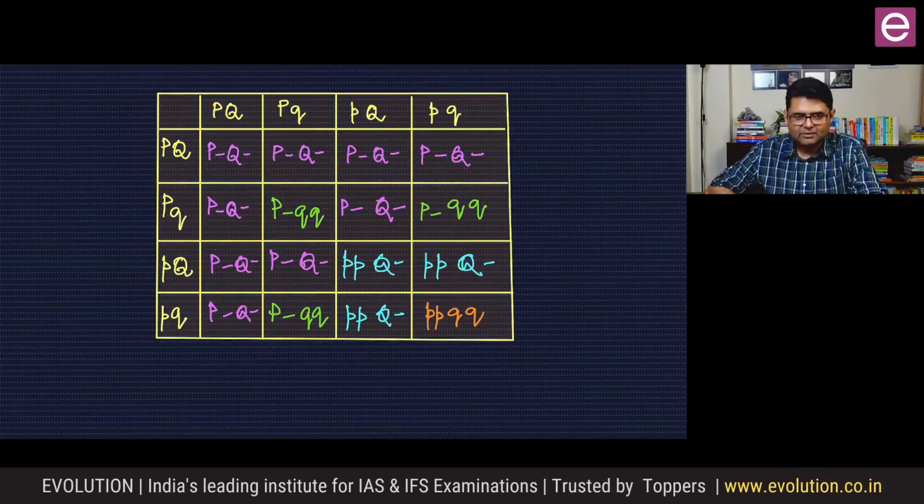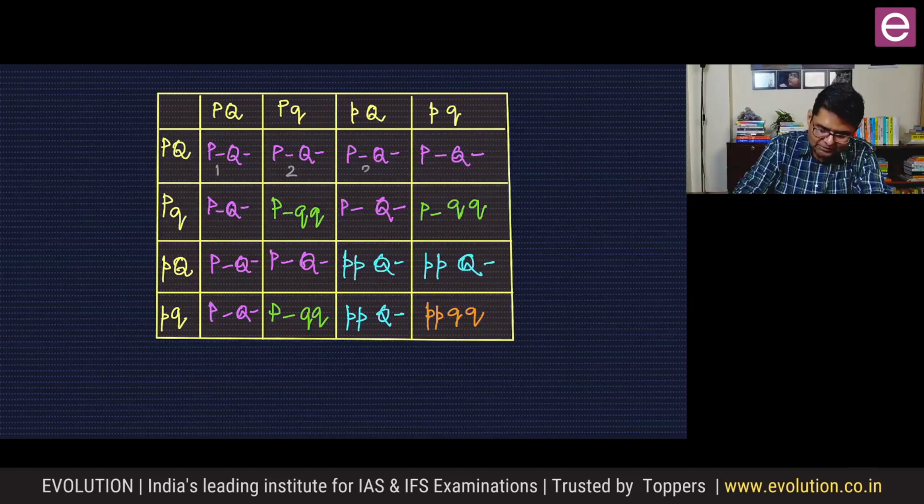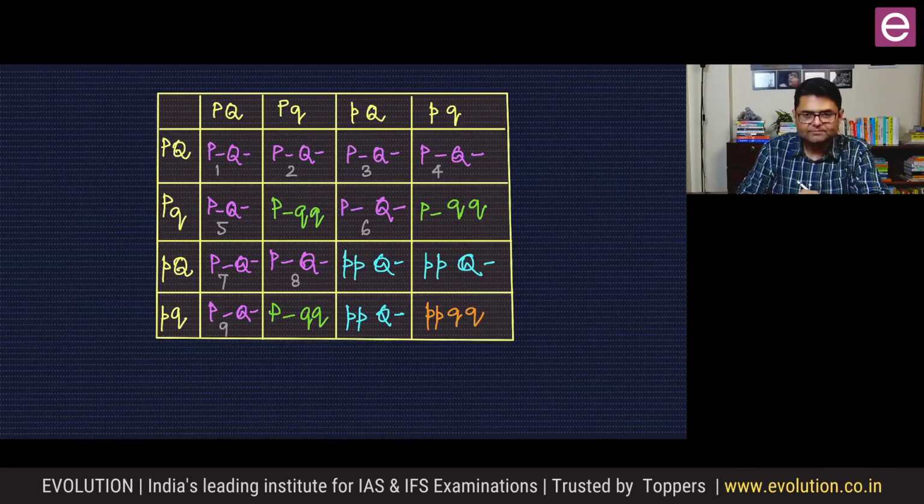Now take a look. What is the ratio? Now all the four phenotypes are in other colors. Let's put some numbers. Pink one: 1, 2, 3, 4, 5, 6, 7, 8, 9. Done. Then 1, 2, 3.